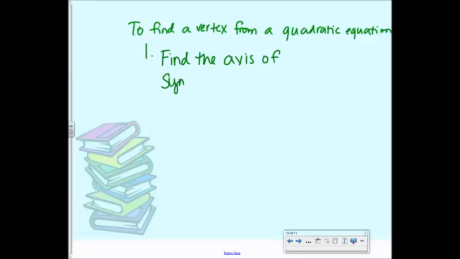All right, so remember, we can use that formula to find the axis of symmetry. Then that axis of symmetry is what? Is that our x or y value of our vertex? That's our x value. So what do you think I could do to find the y value of our vertex then? If I have the x and I need the y.